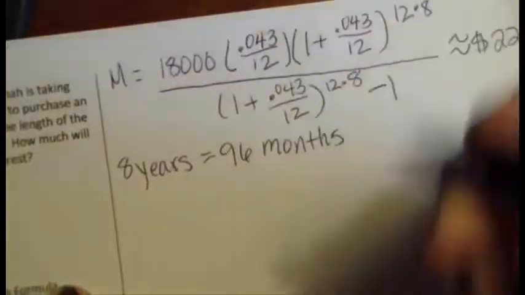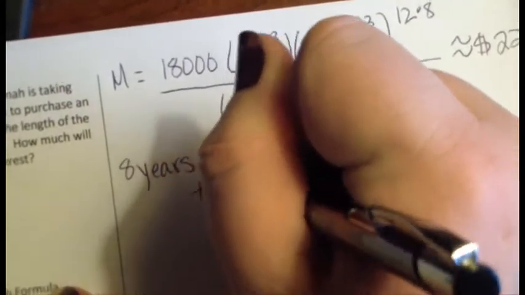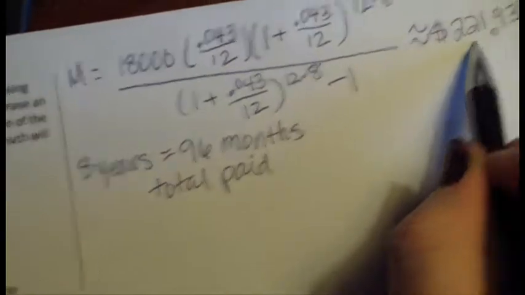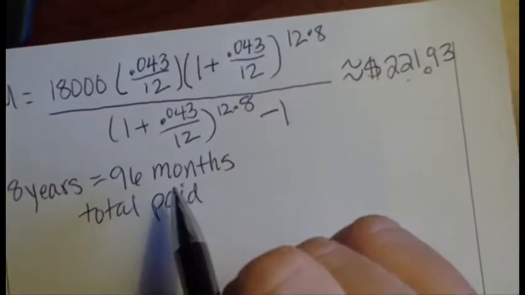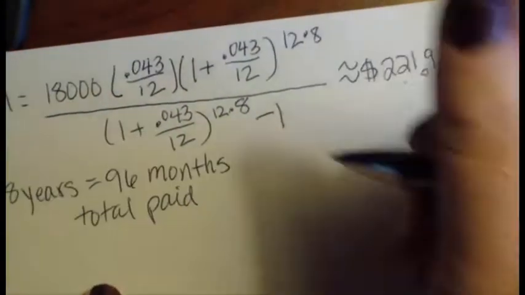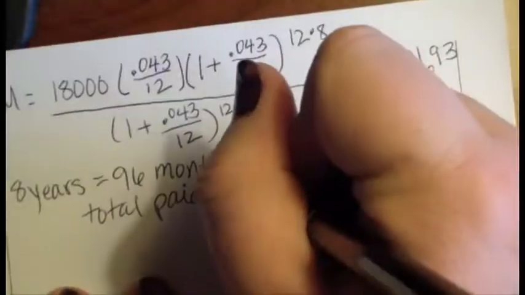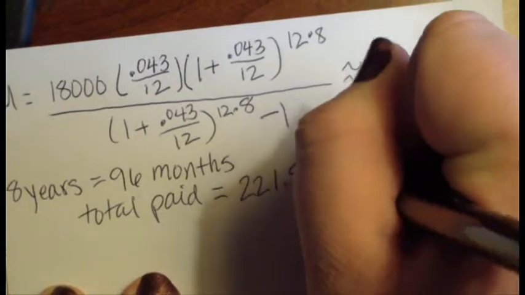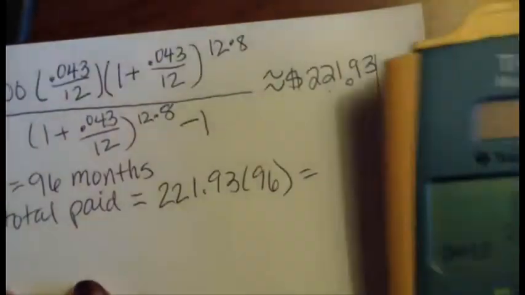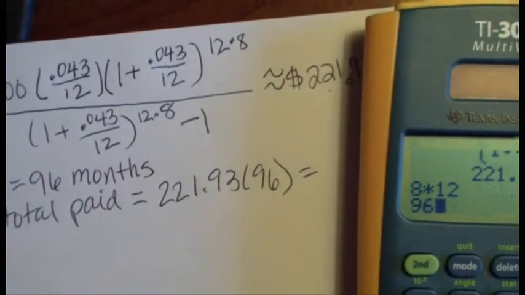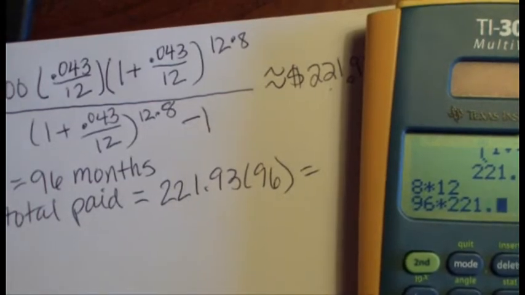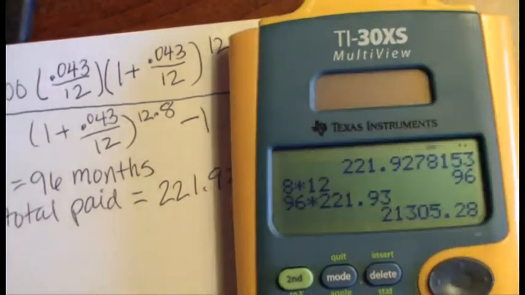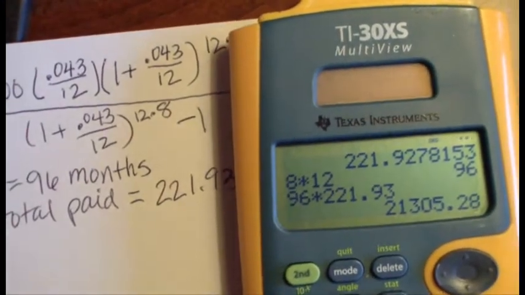So her total paid, again, we're going to take our monthly payment, which was $221.93, multiply it by 96 months. And we get 96 times 221.93 is $21,305.28.